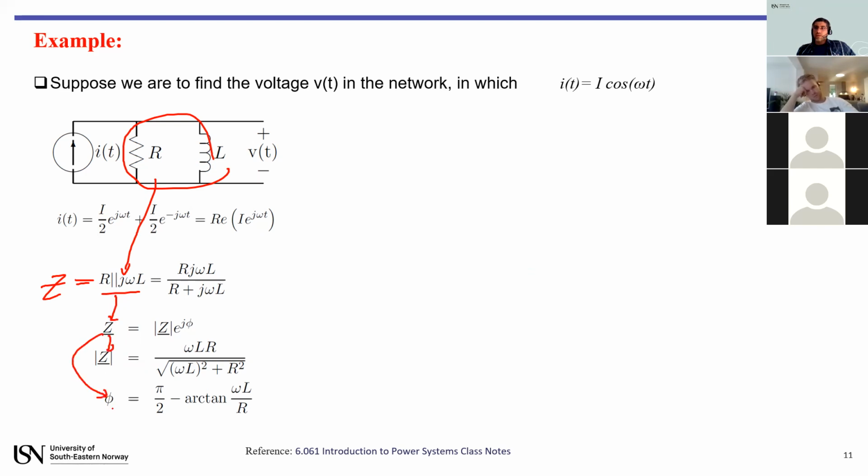The phase of Z will be this one, because it will be the angle of this one minus the angle of this one. It is the angle of j omega, and it is the angle of arc tangent omega L over R. It's the angle of this part.